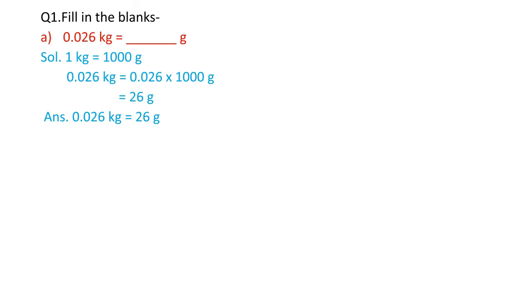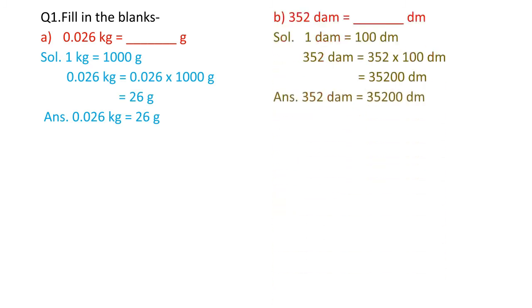If we take another example, 352 decameter equals dash decimeter. Now converting decameter into decimeter, the relation between them is 1 decameter equals 100 decimeter.